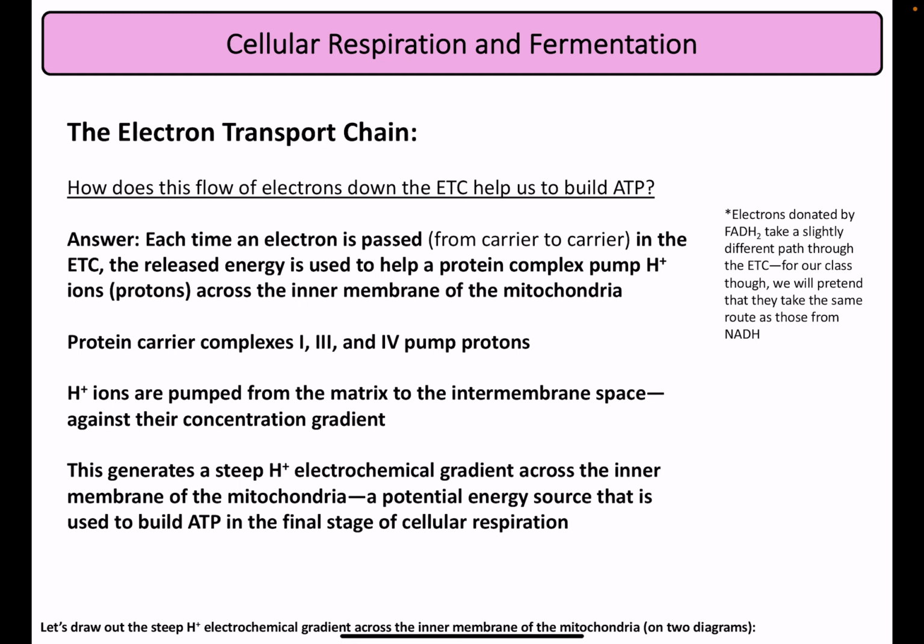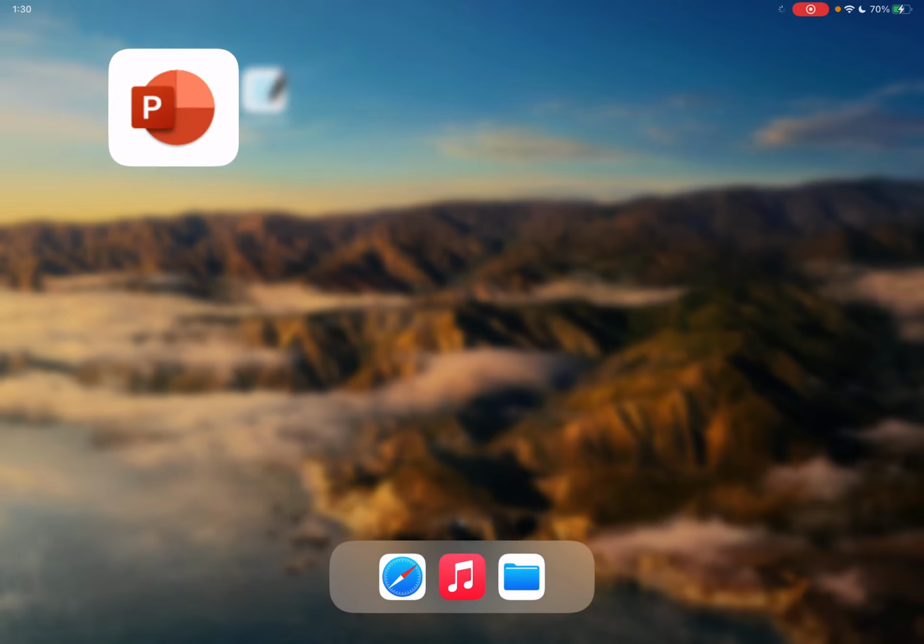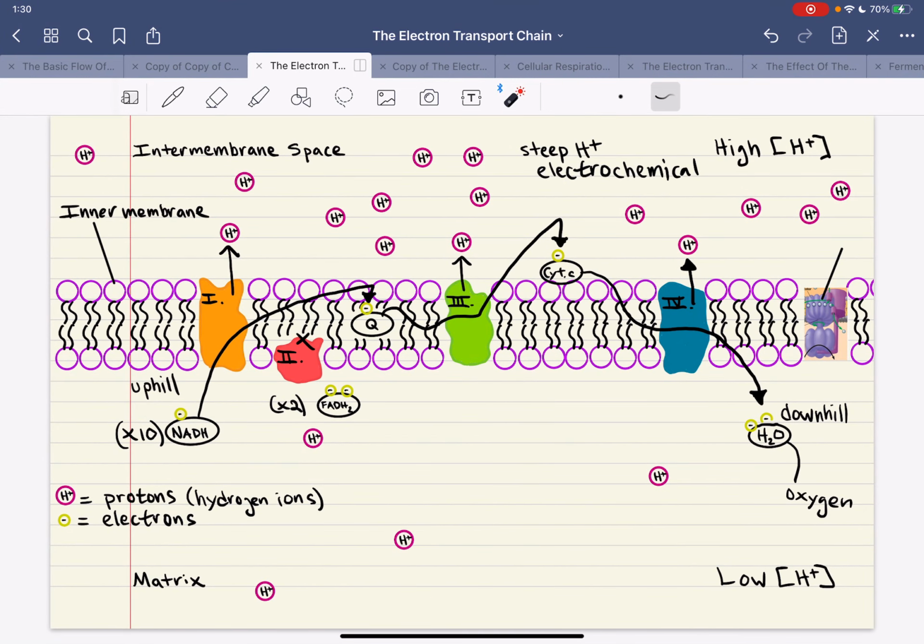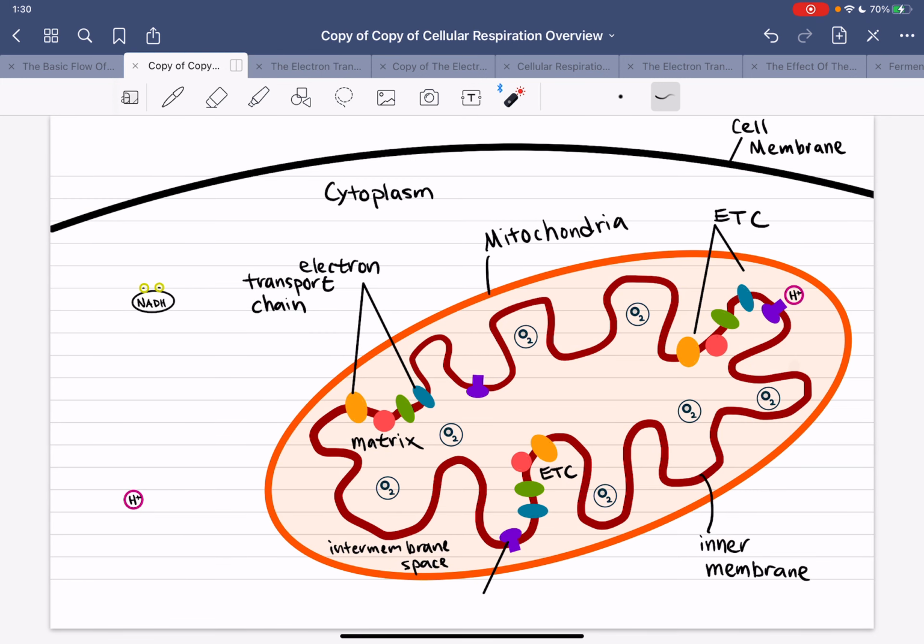Here at the bottom I say, let's draw out this very important steep proton electrochemical gradient that was generated by the ETC. And I said, let's do it on 2 diagrams. Now the nice thing is we've already done it for one of them. That was this one. Let's do it also over here on this more zoomed out depiction of the entire mitochondria.